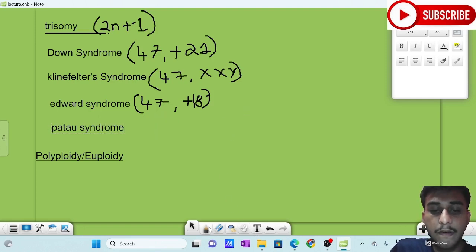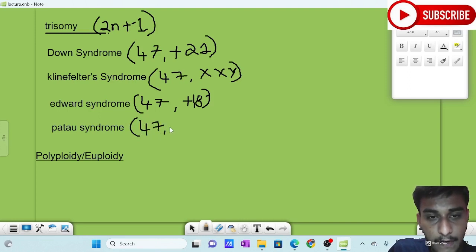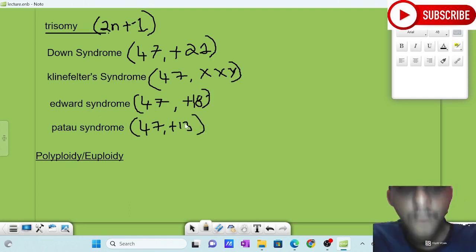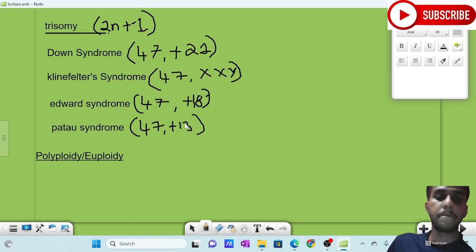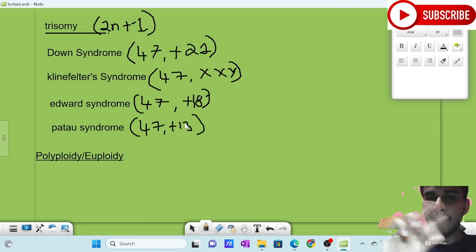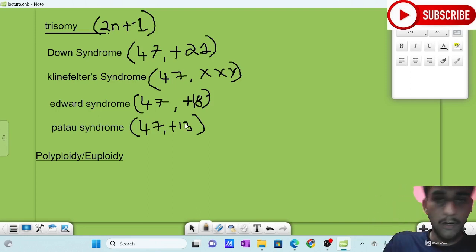It has 47 and plus 13. Okay, these are the four examples of trisomy. Sorry, Patau syndrome plus 13, Edward syndrome plus 18, Down syndrome plus 21, and Klinefelter syndrome XXY. So just consider this in order: 13, 18, 21, XXY. So these are the examples of trisomy.